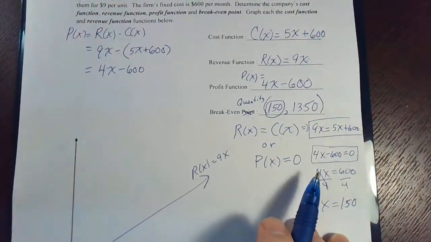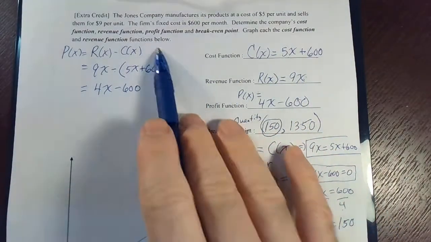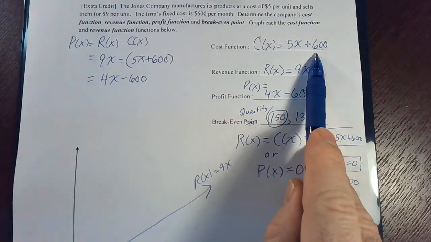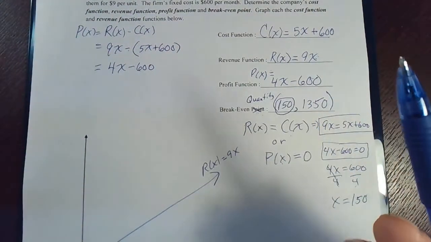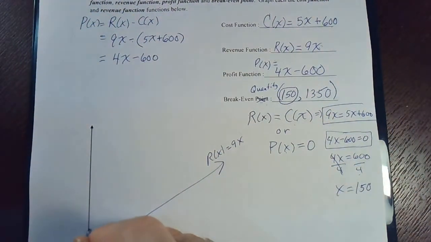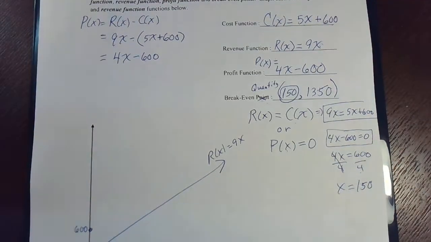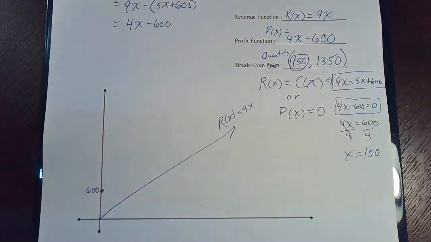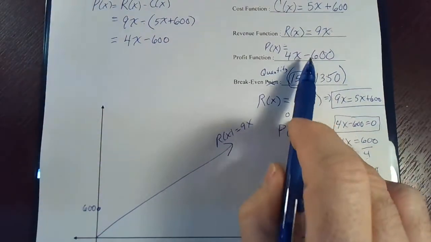Well, the cost function is a little bit different. It has a y-intercept. The y-intercept is 600, which I'm just going to put right here, 600. And the slope of the cost function is 5x.